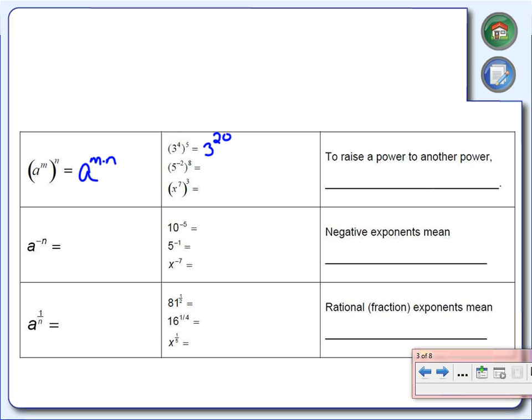Same thing with the next one. I keep the base and multiply the 2 exponents together. What do I get when I add those exponents together? Or not add them, multiply. 16.